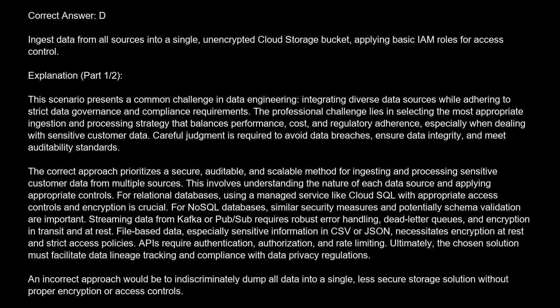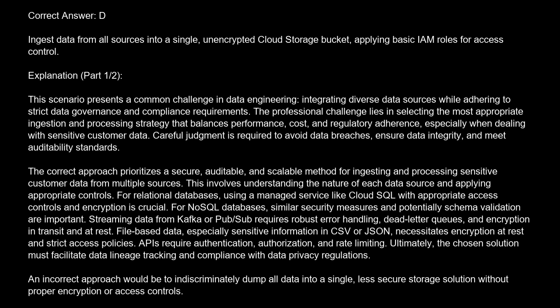This involves understanding the nature of each data source and applying appropriate controls. For relational databases, using a managed service like Cloud SQL with appropriate access controls and encryption is crucial. For NoSQL databases, similar security measures and potentially schema validation are important. Streaming data from Kafka or Pub/Sub requires robust error handling, dead letter queues, and encryption in transit and at rest.